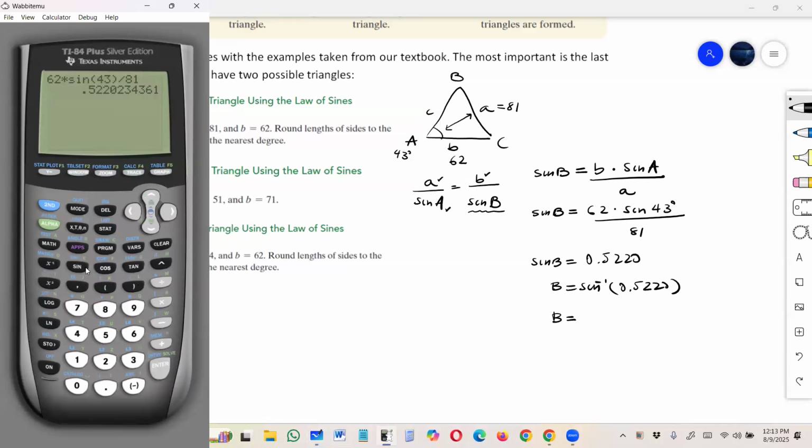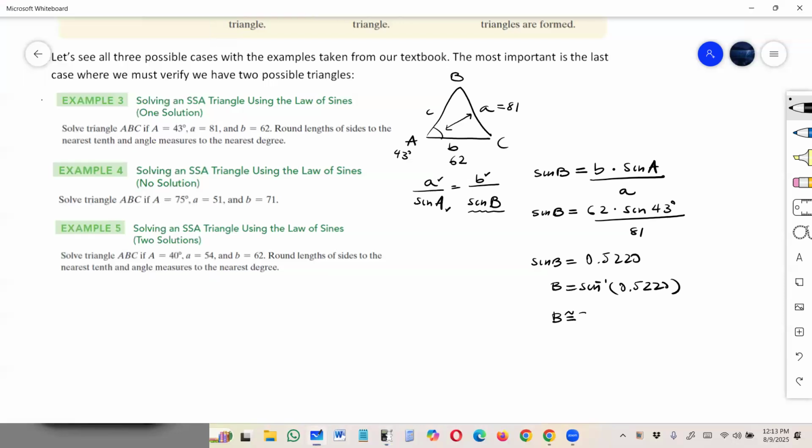To do the inverse sine, notice that I have it in blue here, sine inverse. So you click the second function, sine inverse, 0.5220. And I'm going to get this answer, 31.46, okay? So approximately, let's say, just 31.4 degrees. That's okay.